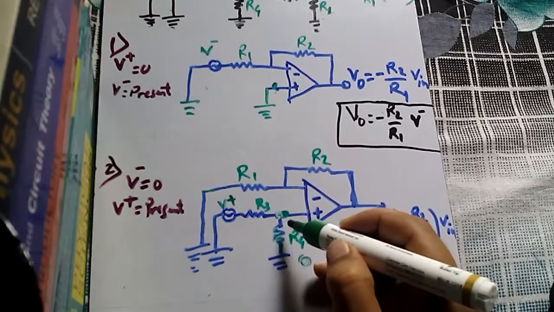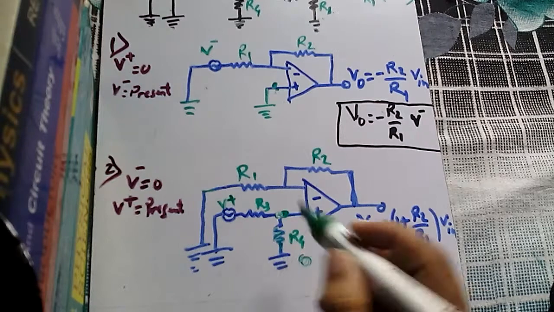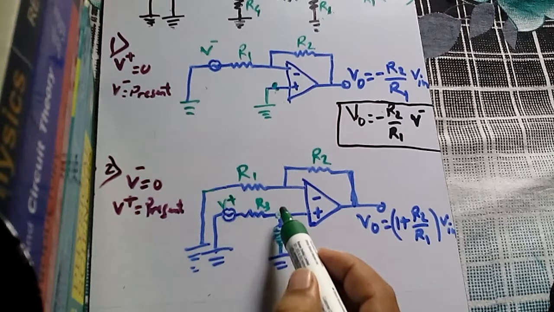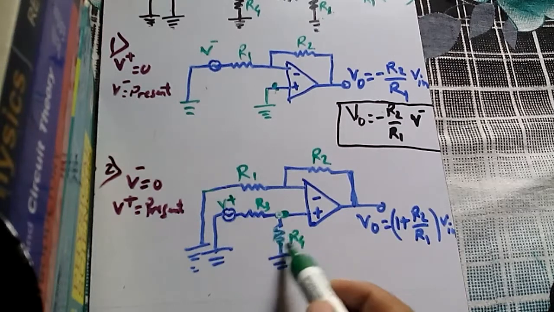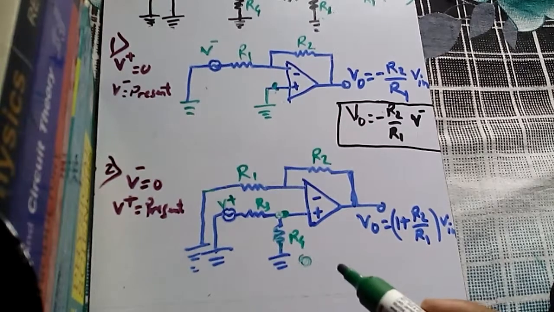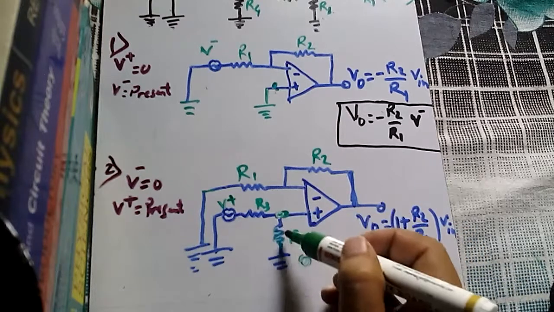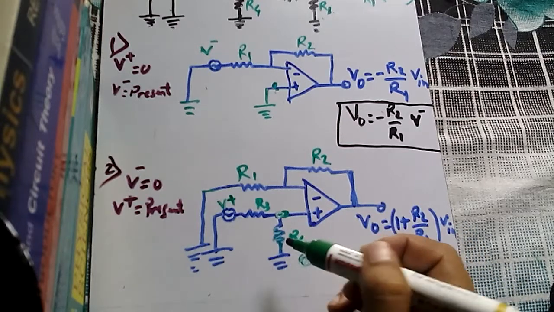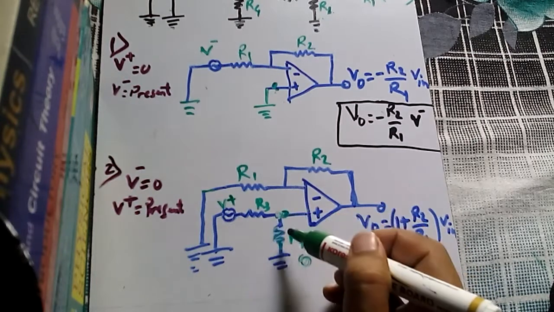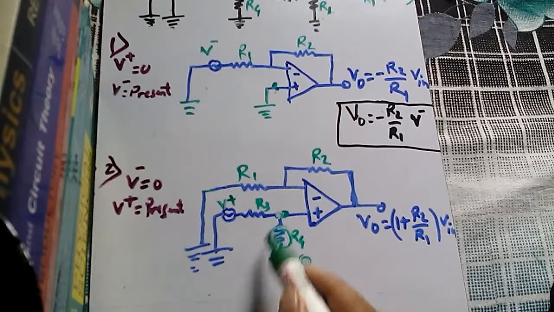So there is a drop, and after the drop there will be some voltage, and whatever is the voltage here will be completely dropped by this. So always remember that in a voltage divider circuit, if you need to find the voltage at a point just before the last resistor, it is enough to find the voltage drop across the last resistor.